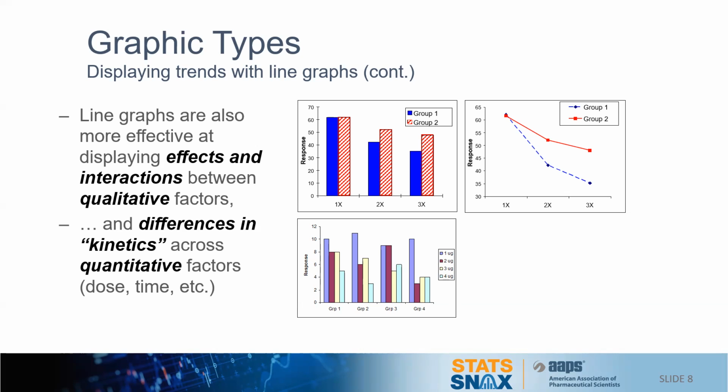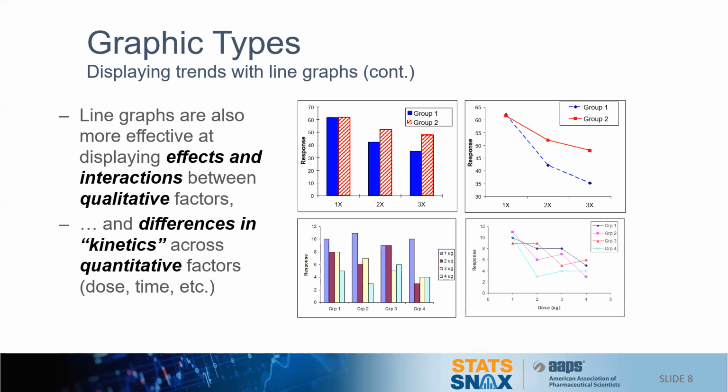And this is perhaps a chart that I have the most headaches personally trying to decipher, because it's very difficult to see the behavior in the data when it's shown this way as a bar chart, as opposed to a line graph where we graph the lines associated with groups 1, 2, 3, and 4 over, in this case, the doses 1 microgram through 4 micrograms, which again is useful for showing, if we're interested, similar patterns in the doses across groups, or as we see here, a dissimilar pattern, again, intersections between the group 4 profile and the rest of the groups.